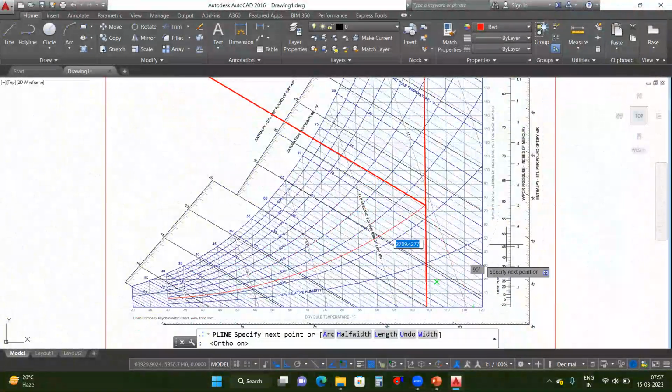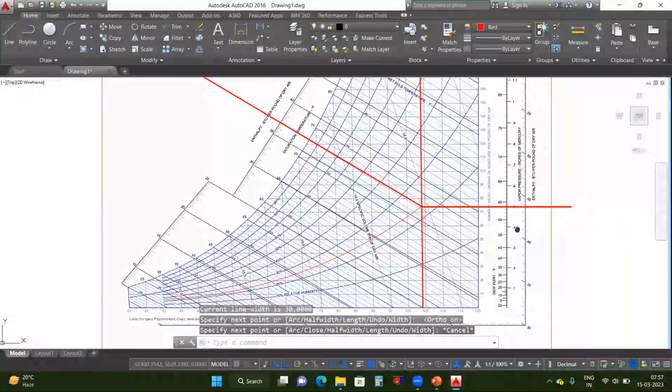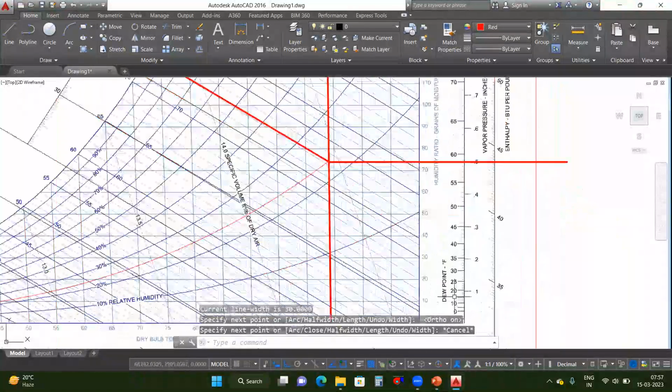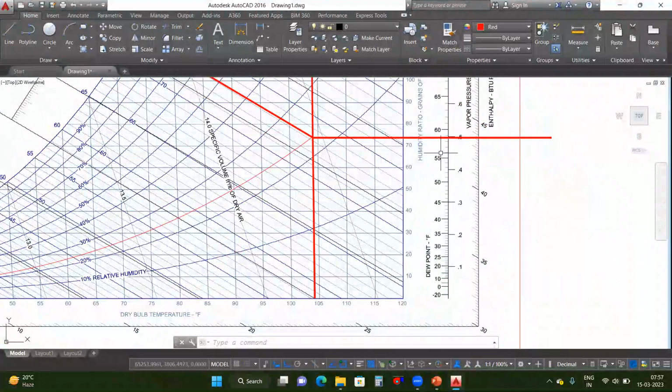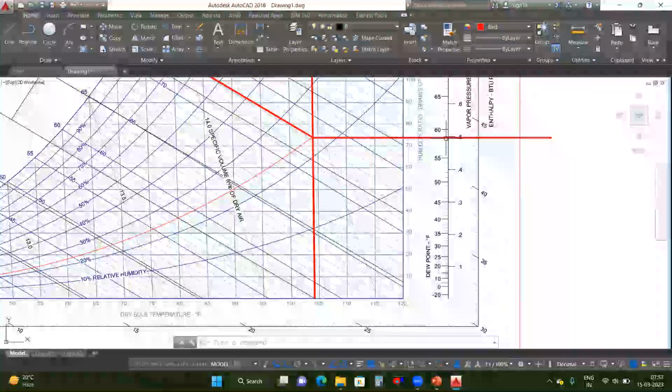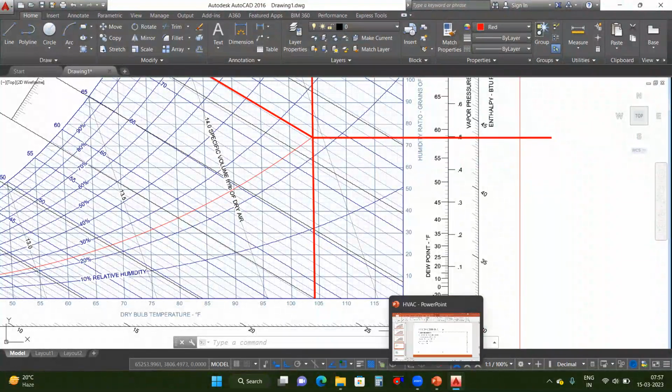So we draw one straight line, and with this straight line we will get two values. The first one is dew point temperature, which is 58 or 59. I'll take 59.